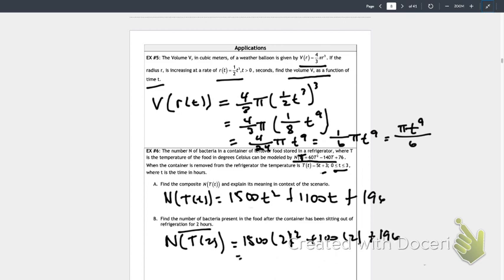So that's 4 times 1500, which would be 6,000, plus 200 plus 196. I feel like I've done something wrong. Oh, this was supposed to be 1100. My bad. This should be 2200. So this adds up to be 8,396 bacteria.